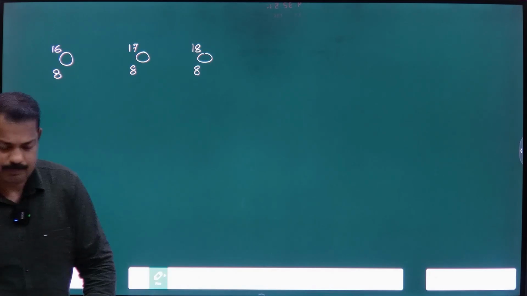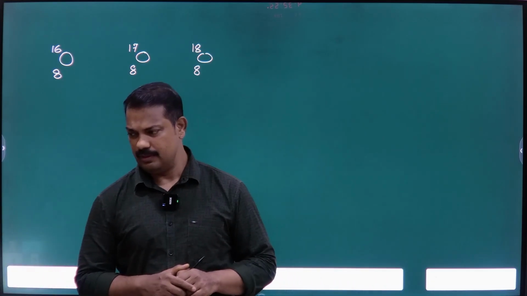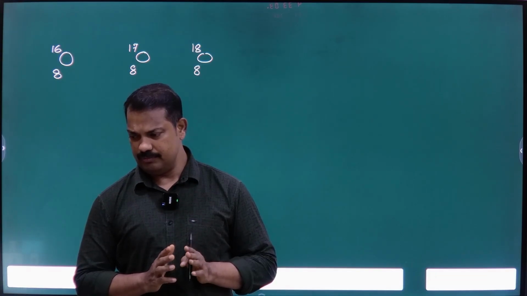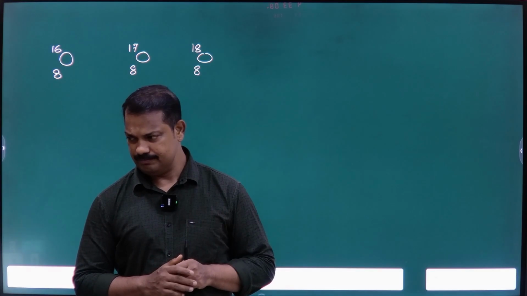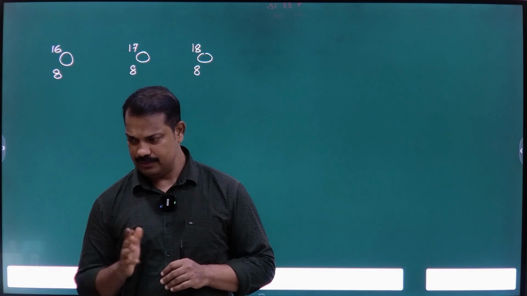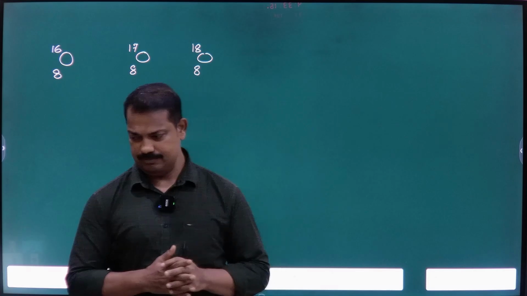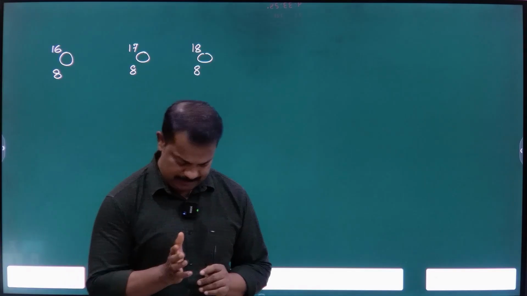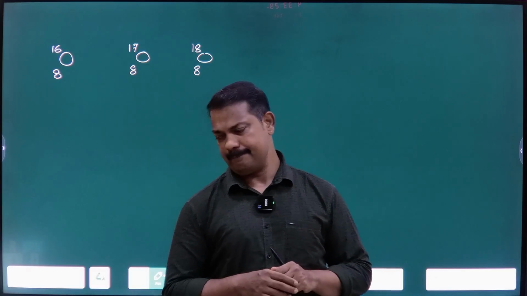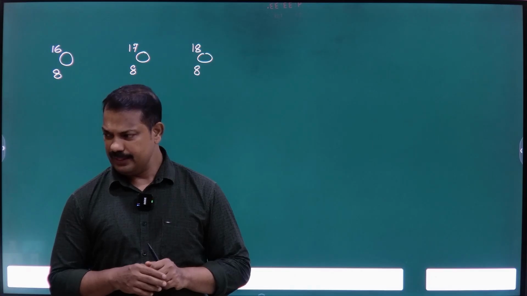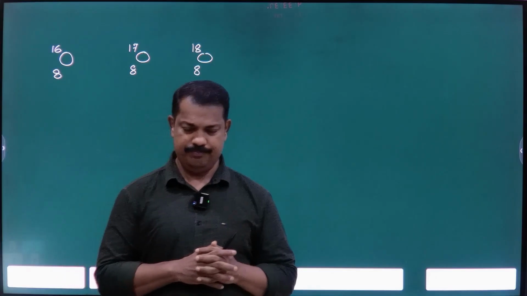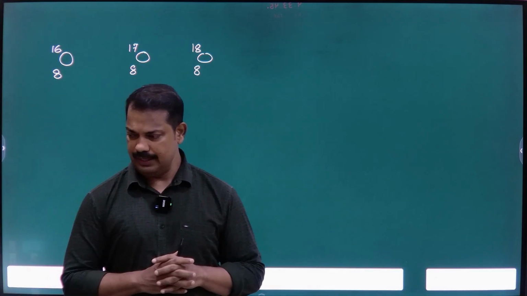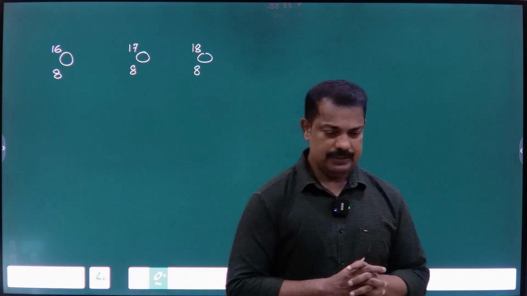Formula, meaning the symbol of protium: 1H1. Deuterium: 1H2. Tritium.